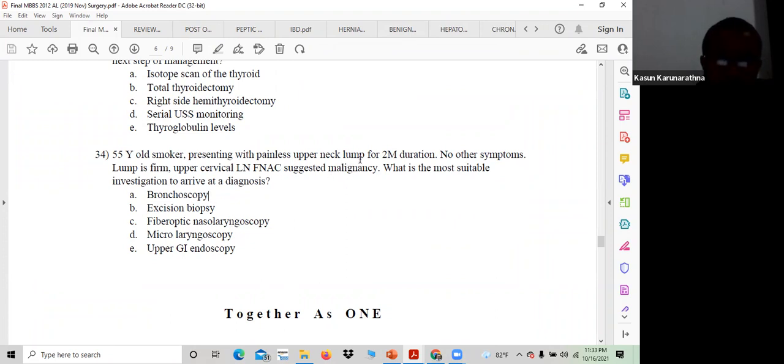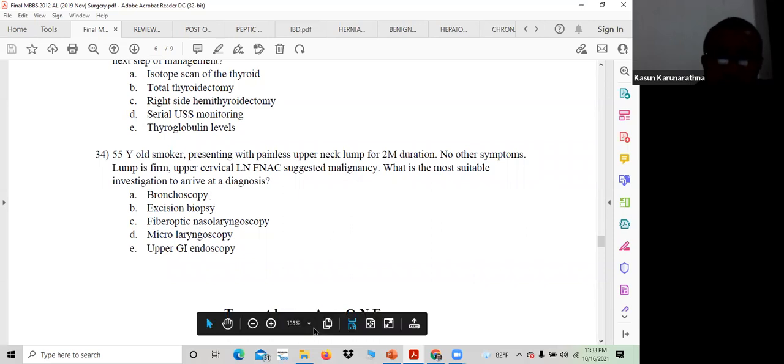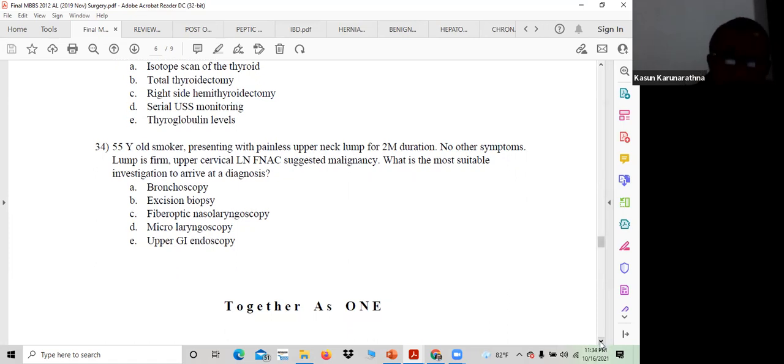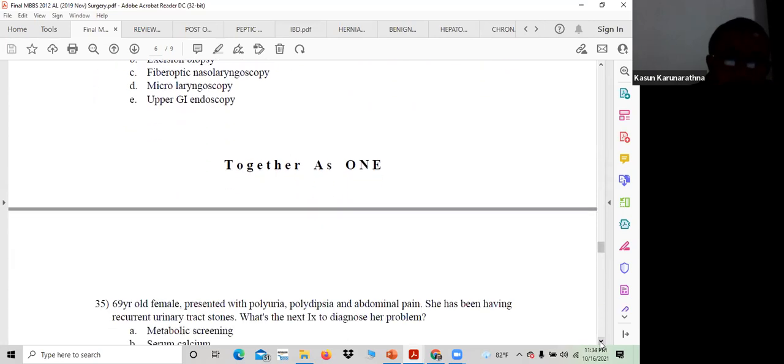And if it is squamous cell carcinoma, the answer should be pan endoscopy. If it is adenocarcinoma, pan endoscopy plus immunohistochemistry. Right? That is how you find the primary site, right? Okay.